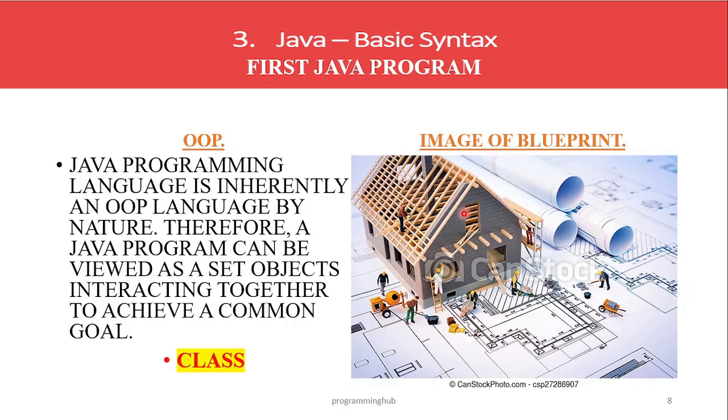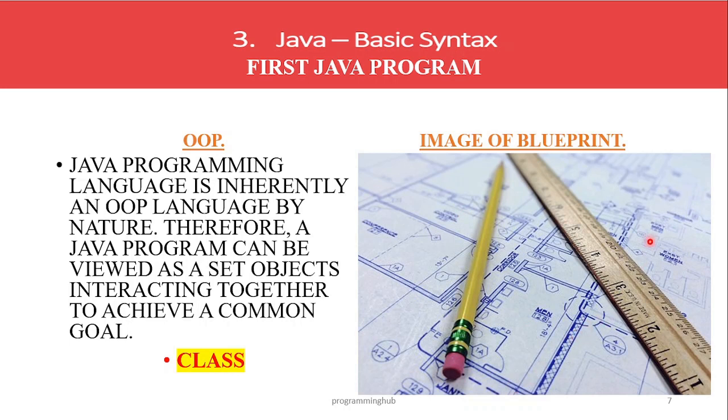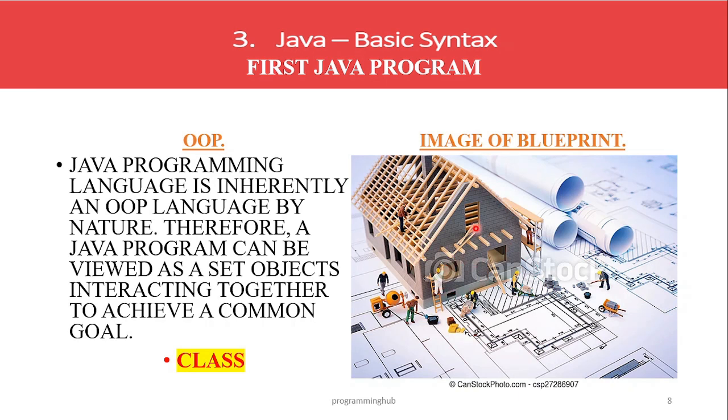Now, remember, when you are planning all this, you cannot live inside the drawing which has been made on paper. You actually have to build the actual house on the ground so that you can start shifting in. You can take your bed, your cutlery, and everything so that you can start living inside or doing various things with your house.